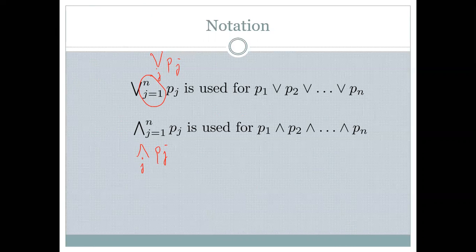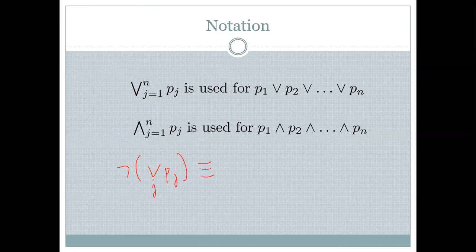By the way, let me ask you something. What if I negated the or over a bunch of j's? I don't care how many there are. Not or over j of PJ. What would that be logically equivalent to? And over j, of not PJ. What did you just use? Yeah, that's De Morgan.